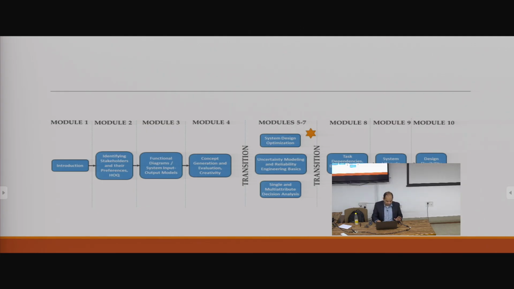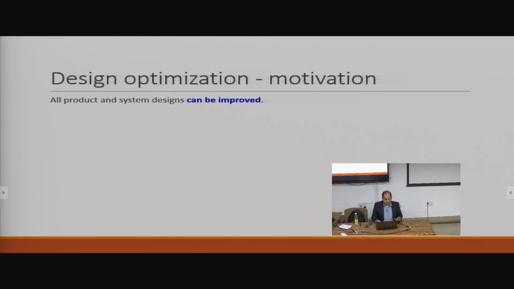Okay, so the basic and foremost thing: I don't think anybody will disagree that all product and system designs can be improved, right? We always have an opportunity to improve on what we could do before. We can improve the characteristics. We can make things lighter, we can make things stronger, we can add storage to hard drives, we can improve the lift, we can increase the efficiency of jet engines, and we can reduce the cost as we go.